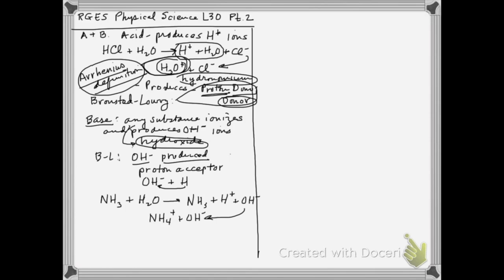And so you've produced OHs, but you've made this a proton acceptor, okay? So because this has become a proton acceptor, it's a base, okay? So the bases are different.